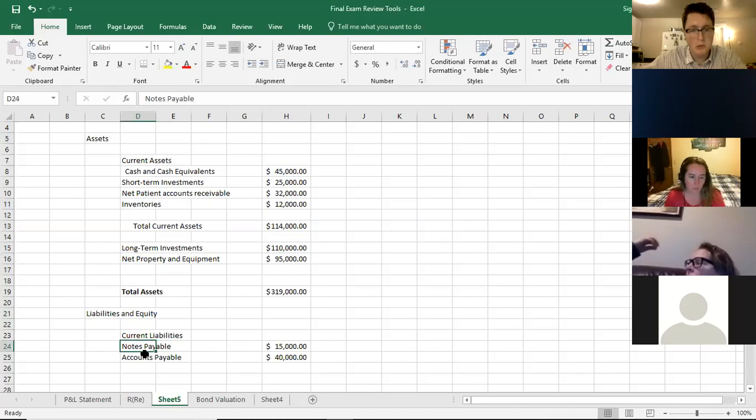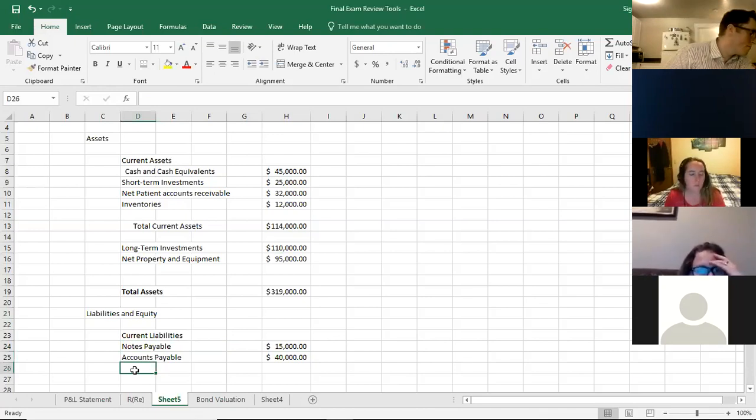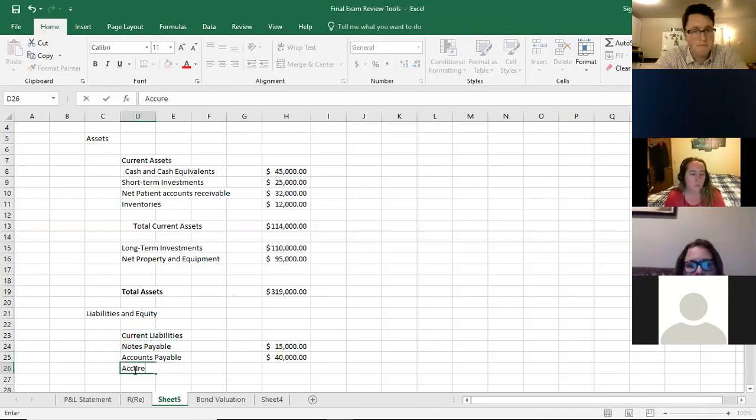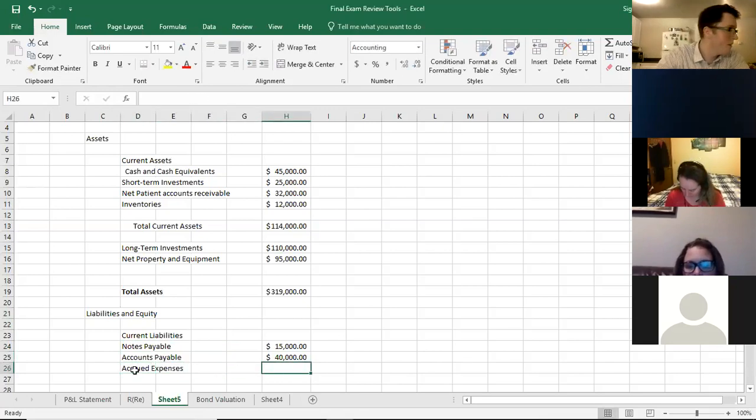For example, if I issued bonds and I now need to pay that back or make payments, that's what that is. Notes payable. Those payments that will come within the next accounting period. We might have accrued expenses. I don't know if that is really the one that will be on the test. That's one that's listed here in your textbook.